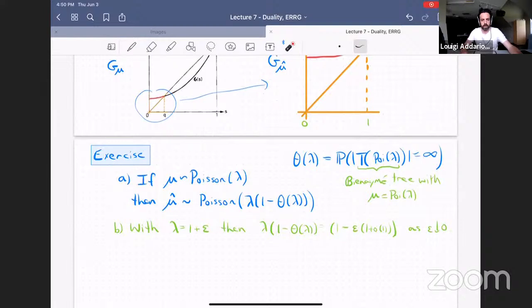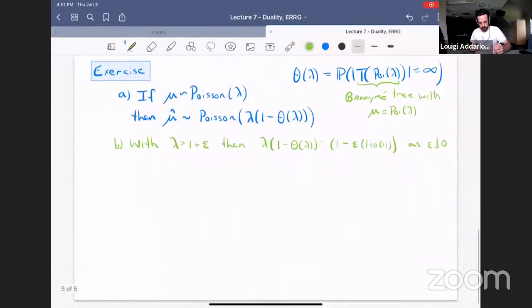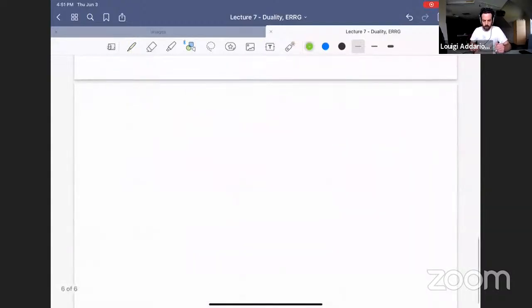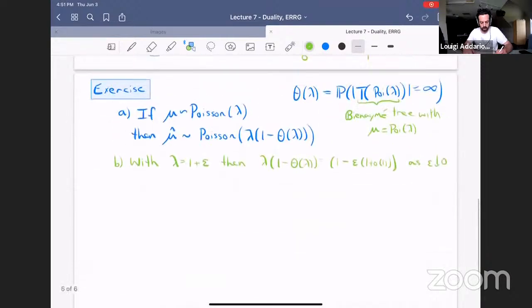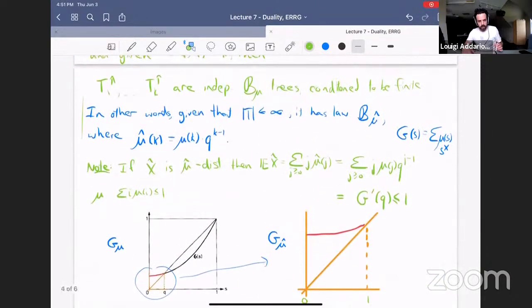Okay, so let me do so. Oh, I just see one question from Yinon. If mu is supercritical, then mu hat is always subcritical, right? Yeah, that's exactly what we were checking here.